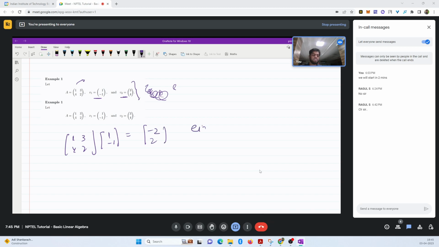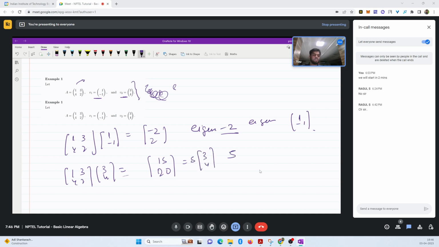So the eigenvalue here is minus 2, and the corresponding eigenvector is 1 comma minus 1. For the second one, 1, 3, 4, 2 times 3, 4 gives 15 and 20, which is 5 times 3, 4. So the eigenvalue is 5 and the eigenvector is 3 comma 4.